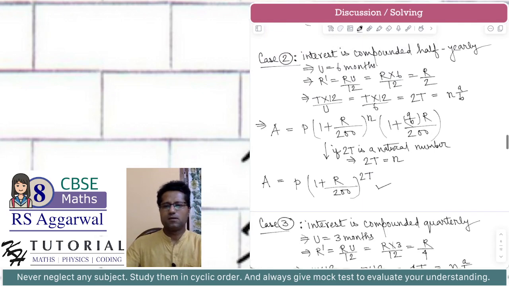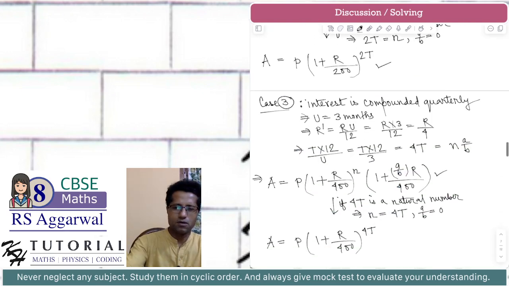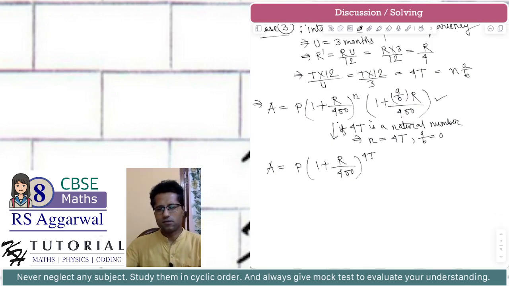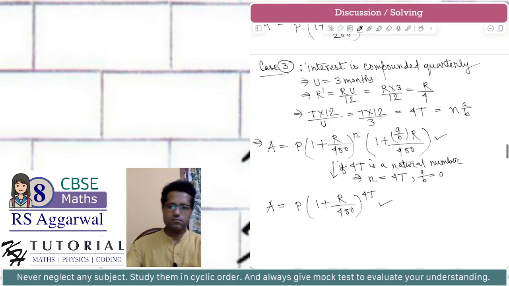So possibly in the textbook you will see this formula for the amount where the rate of interest is R, the interest is compounded quarterly and the time period is T years.